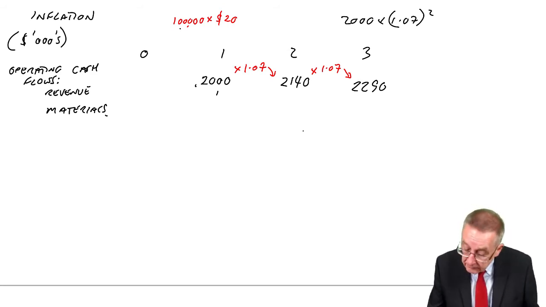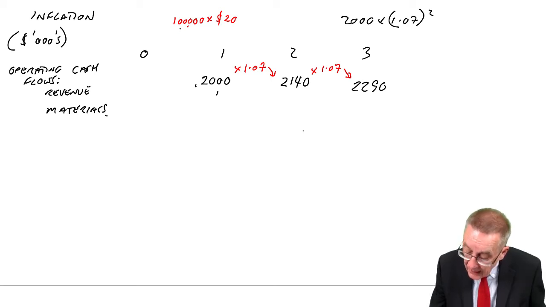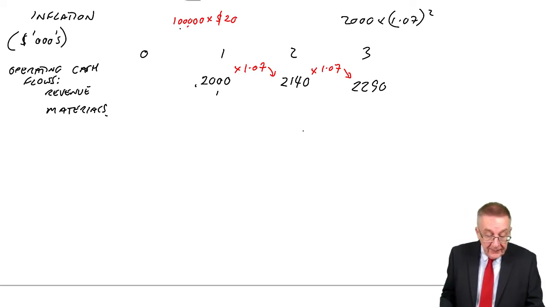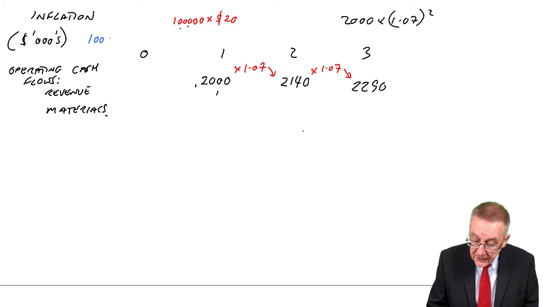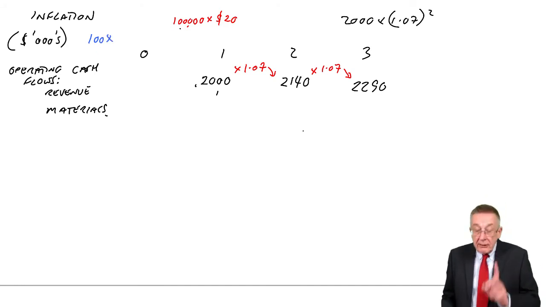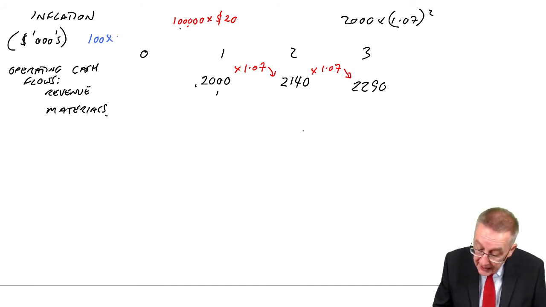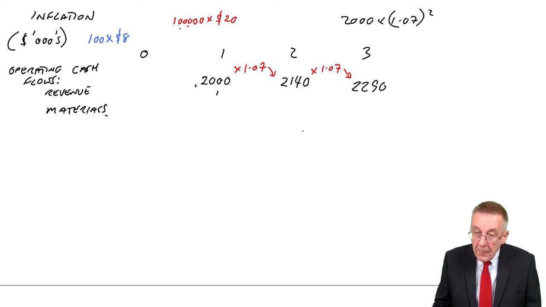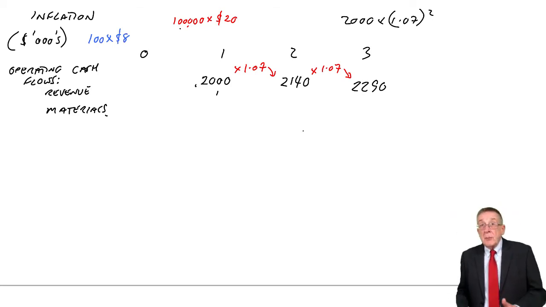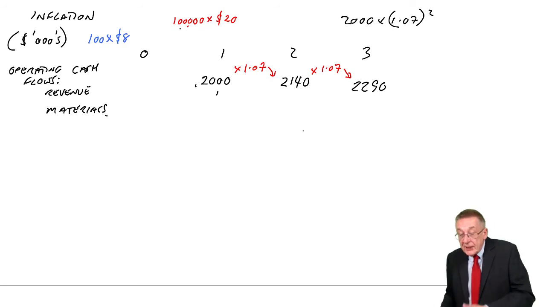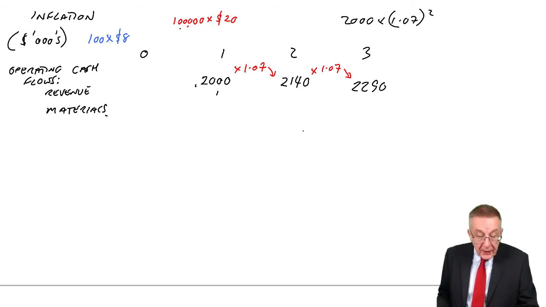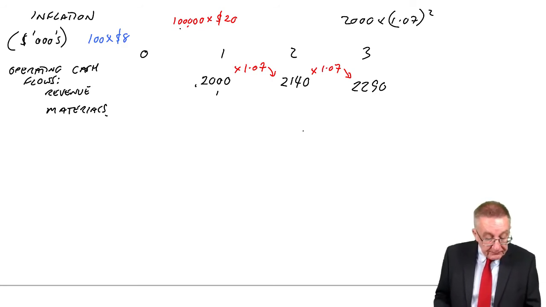And so what will it be? If I work in thousands again, it's 100,000 units. At current prices, it would be $8. But by the time we actually buy it, which is next year, time 1, it will have gone up. What's it say?